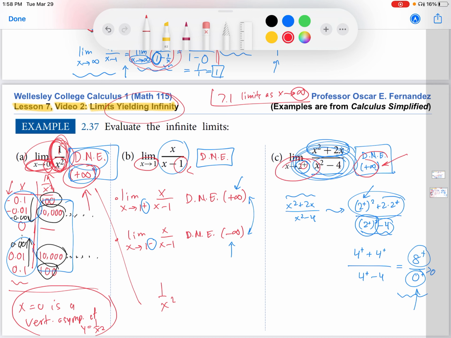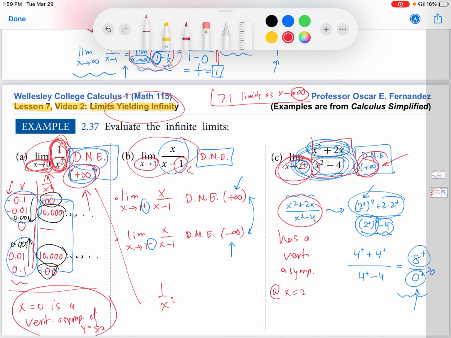And then also, the function, this big blob over here, has a vertical asymptote at x equals 2, because we found the limit, doesn't matter that it's from the right, and we obtained information about it flying off to infinity.